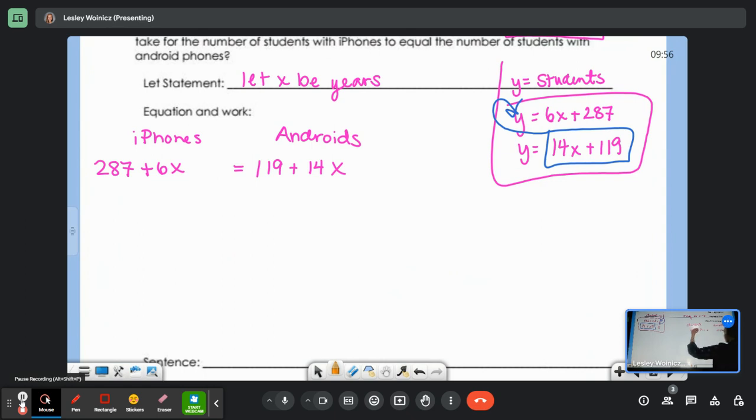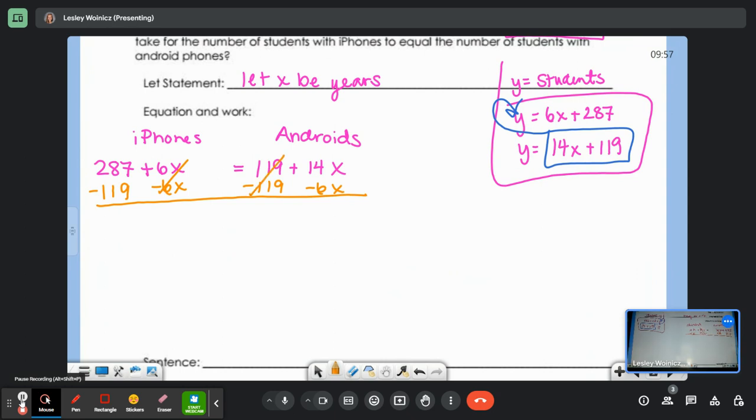You guys see that? Okay, so I'd rather put them on the right. So I'm going to subtract away the 6x from both sides. Make sure that you're doing like with like terms. These cancel. In the same step, can I also get rid of that 119? So I'm subtracting away 119 from both sides.